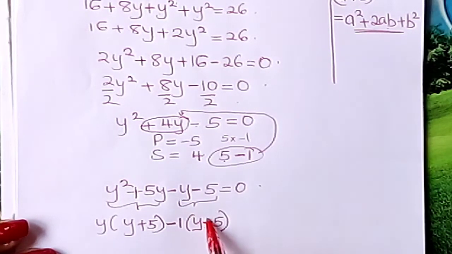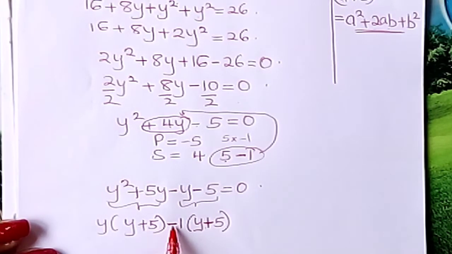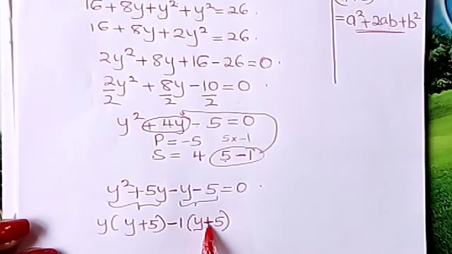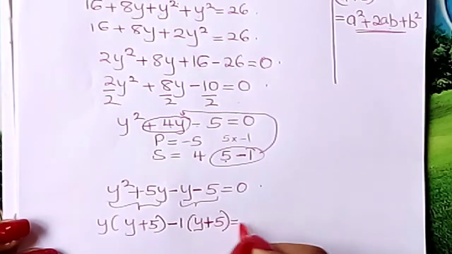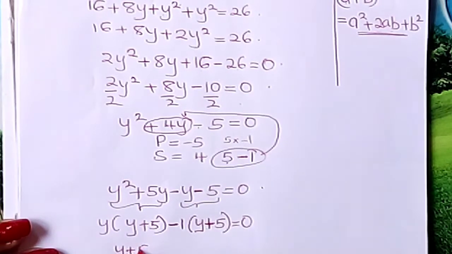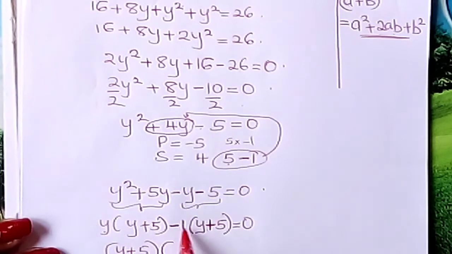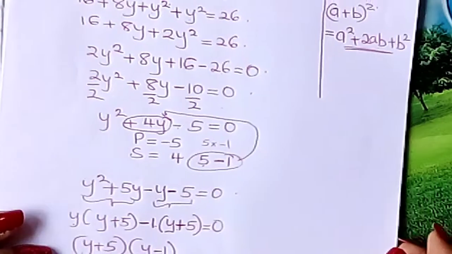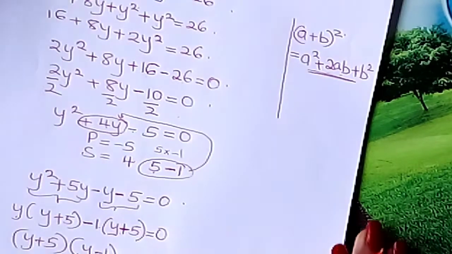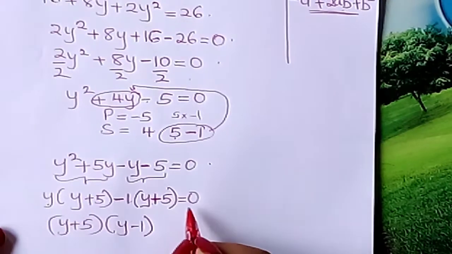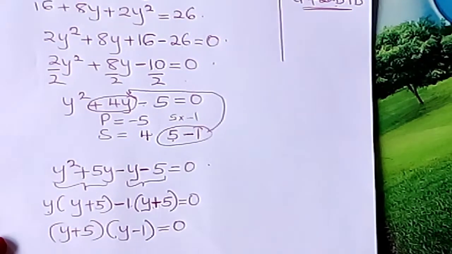So you have to fix a plus here, so that if you wanted to go back, you'd say minus times plus gives you minus. It's equal to 0. This bracket is common, factor it out, then bring these others together. Is equal to 0. There we are.